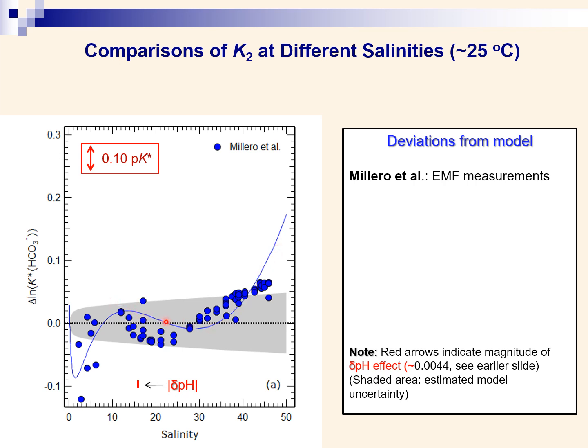First of all, it does not fit the data at moderate to high salinities, ideally one would say, but also it can be shown that in this region here, it is unphysical and unrealistic. And at the bottom, I've indicated the magnitude of delta pH again, and it's small in comparison to the scatter in the data set, rather as it was in the case for K1.